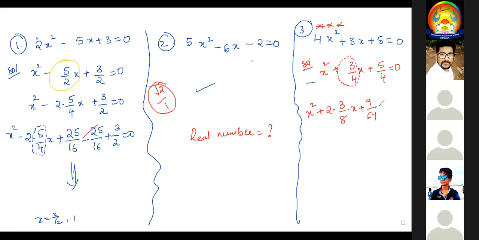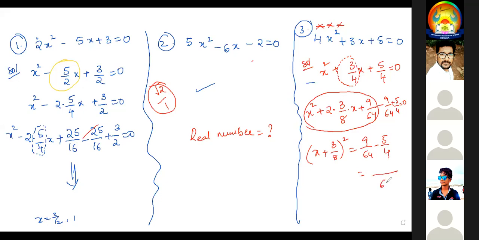This gives x plus 3 by 8 whole square minus 9 by 64 plus 5 by 4 equal to 0. So this entire thing can be written as x plus 3 by 8 whole square is equal to, these terms will go that side, it will become 9 by 64 minus 5 by 4.